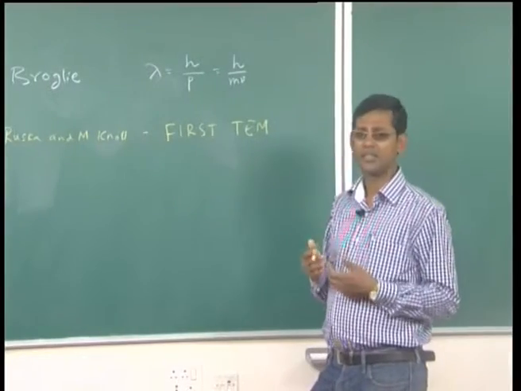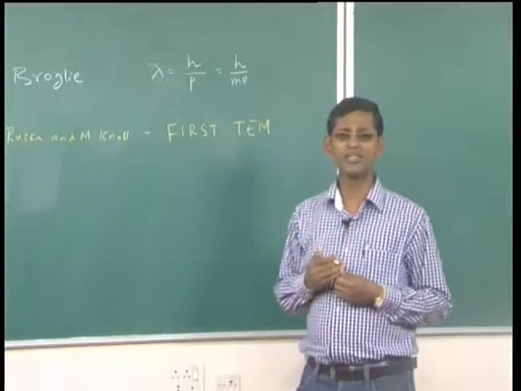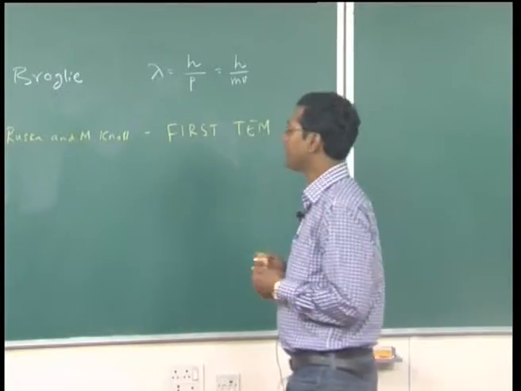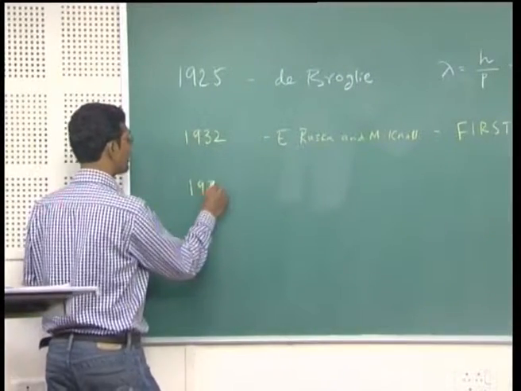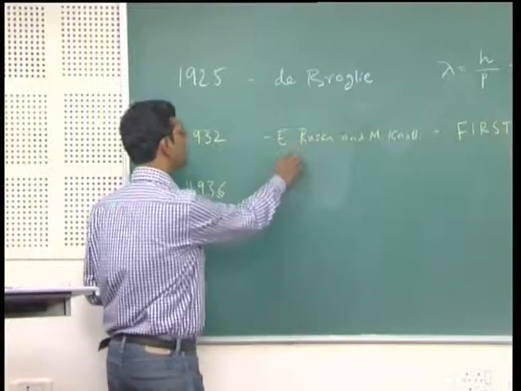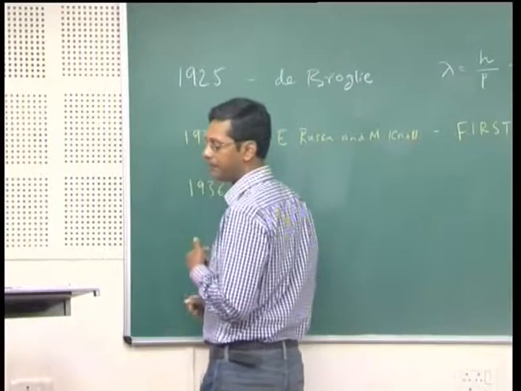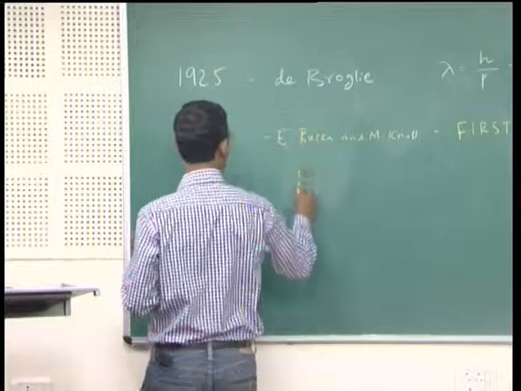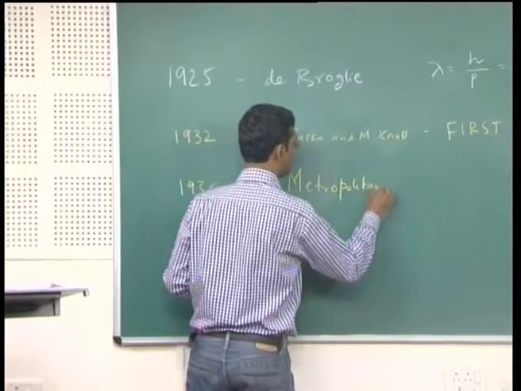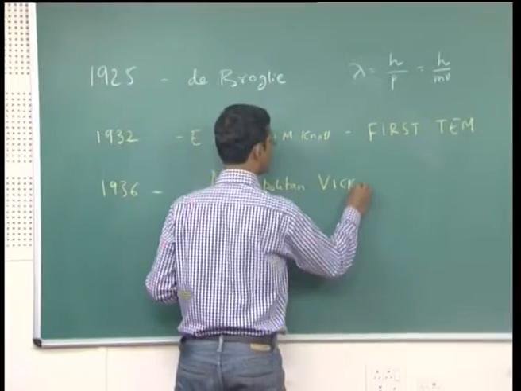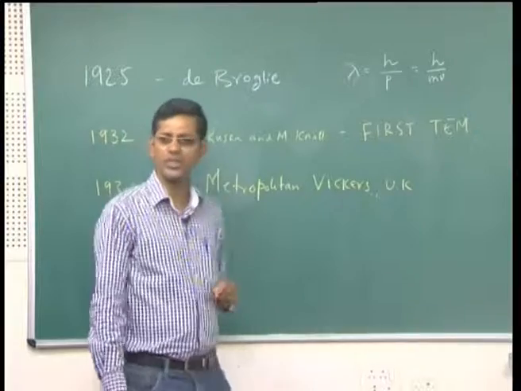So, let me just state how this history developed first, then get back into the efficacy of electrons in the microscope. The first commercial electron microscope came up in the year 1936, just 4 years after the first demo of the electron microscope. This was by a company named Metropolitan Vickers, UK, but this microscope was not successful.